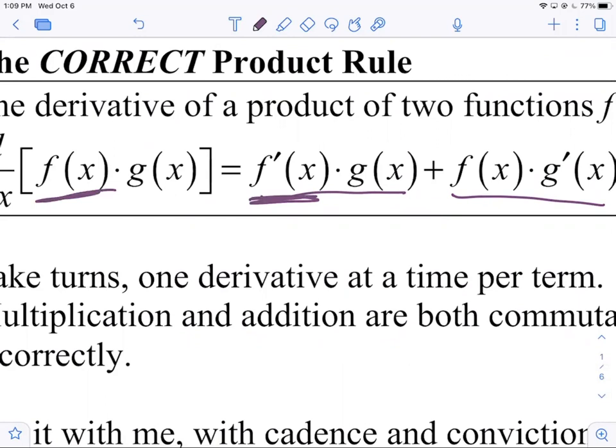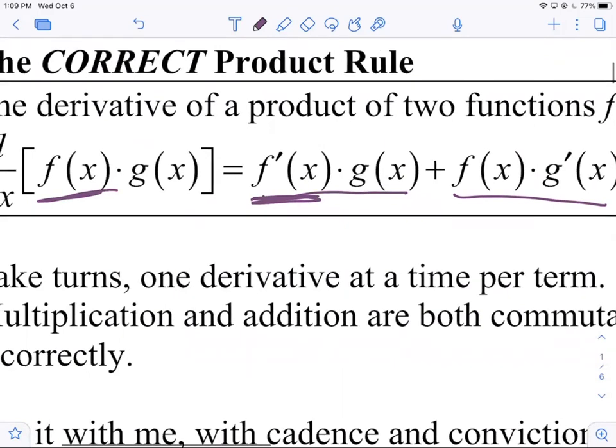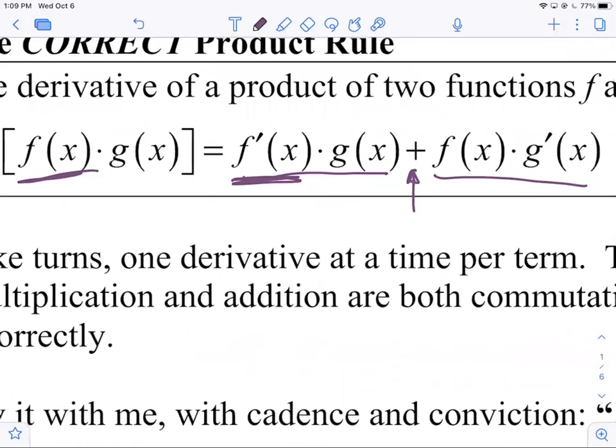So the derivative of f goes first, times just g. G just goes along for the ride for moral support. Plus, now f is going along for moral support, times, now it's g's turn. You go, g. Thank you, right? Be kind to each other. Let's give each other the spotlight. F prime first, times g's just standing there, plus now f goes g prime, right? F prime g plus f g prime.